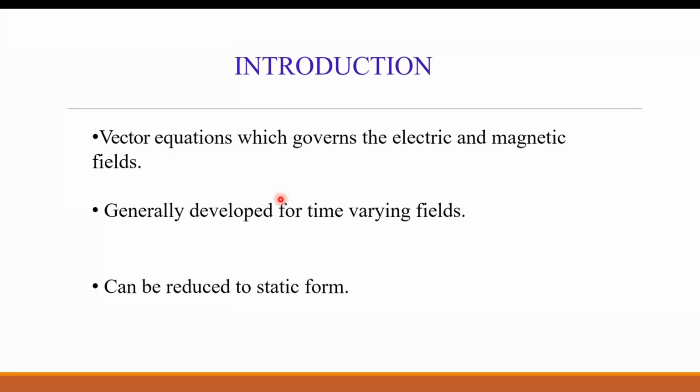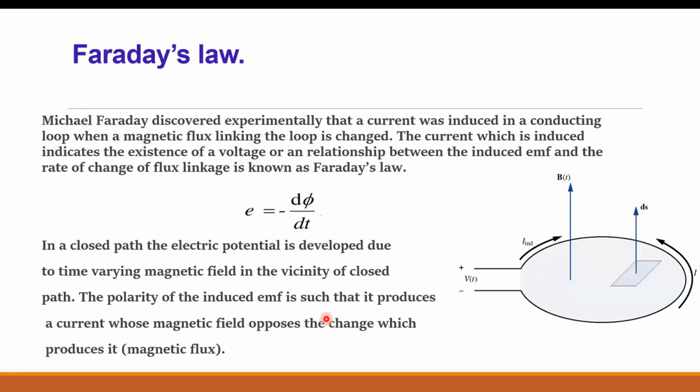So we'll start with the first law, that is Faraday's law, and we have seen that it is used in the principle of transformer. What is done in the transformer? When we apply an AC electric field to the primary winding, some current flows through the primary coil, and when current flows in the primary coil, a magnetic field is induced surrounding that coil.